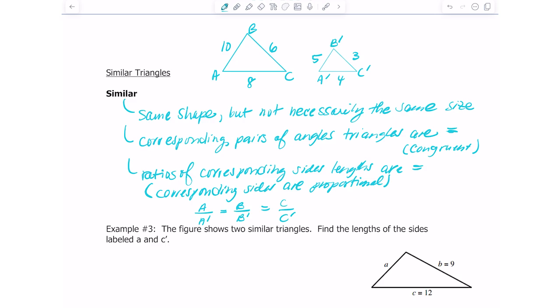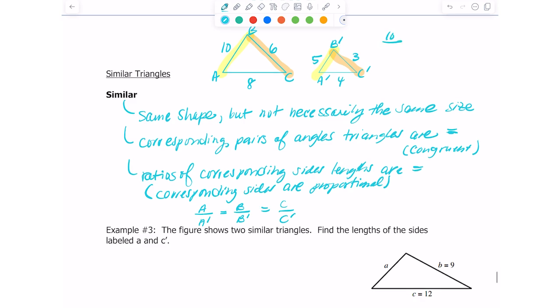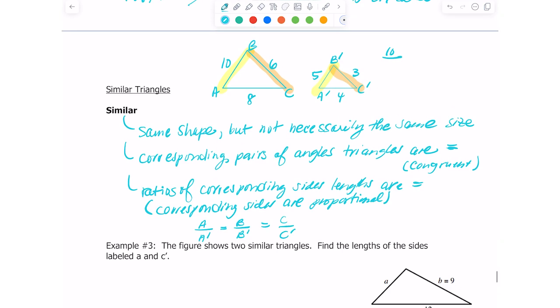If I take the corresponding side lengths, so this side corresponds to this one, and this side corresponds to this one, and then the remaining sides correspond. If I divide the side lengths, 10 over 5 is going to be the same thing as 8 over 4, which is the same thing as 6 over 3.